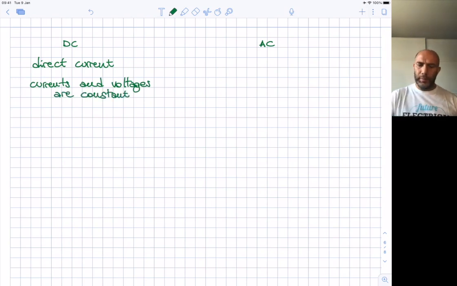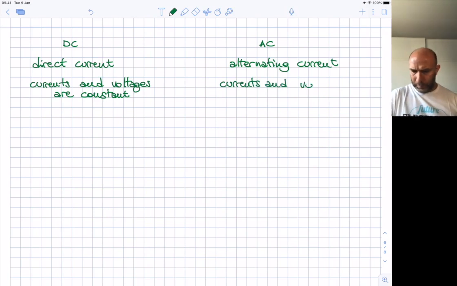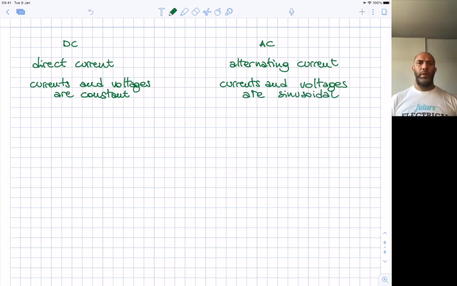With AC we mean alternating currents, and with this term we mean that in the circuit the currents and the voltages are sinusoidal. And this concludes the first lecture.